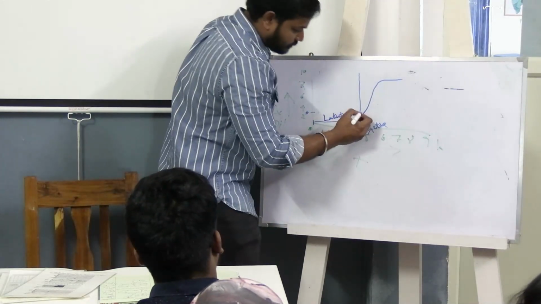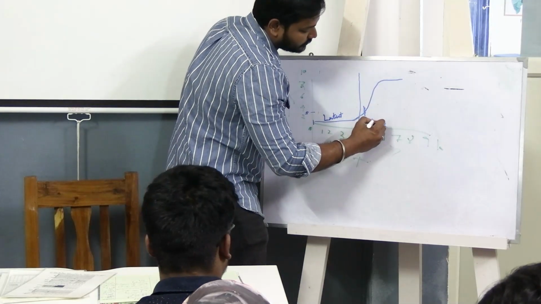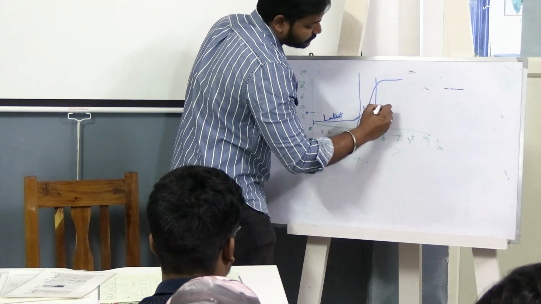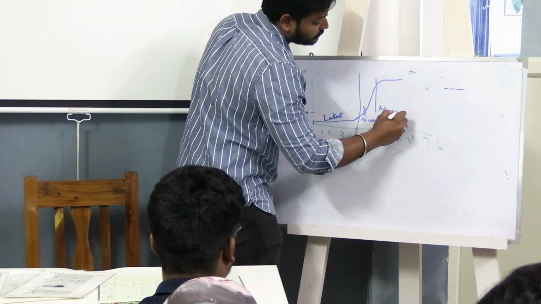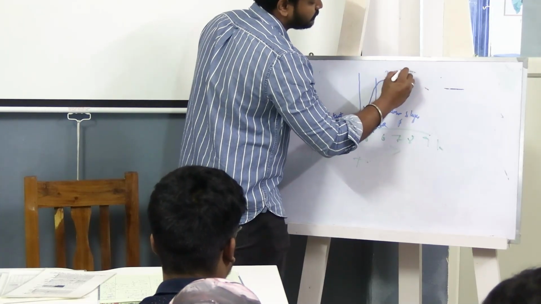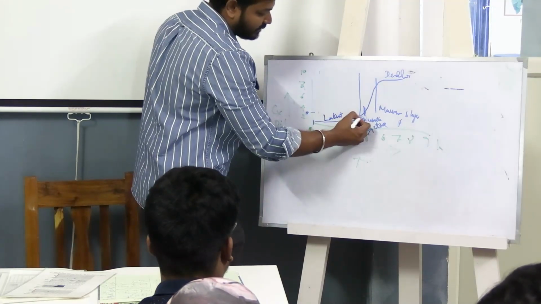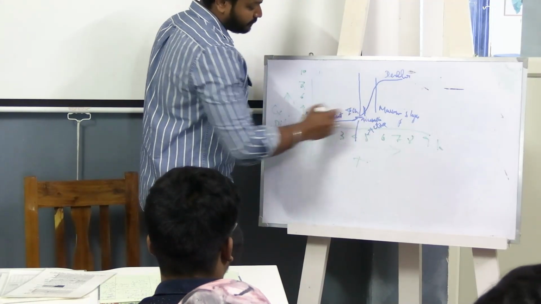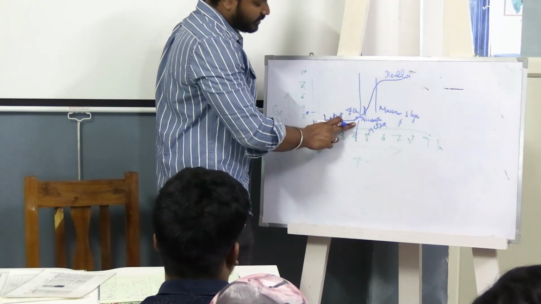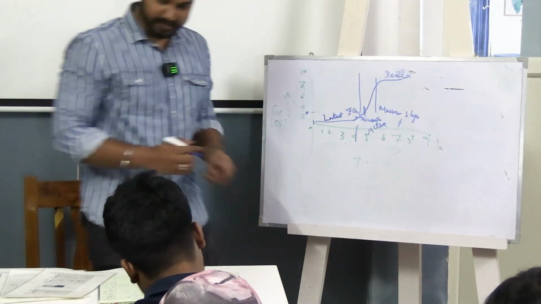Okay, this is acceleration phase. This is maximum slope phase. This is deceleration phase. So this acceleration phase starts from 4 centimeter dilation. So 0 to 4 centimeter it is latent phase, 4 to 10 centimeter it is active phase.